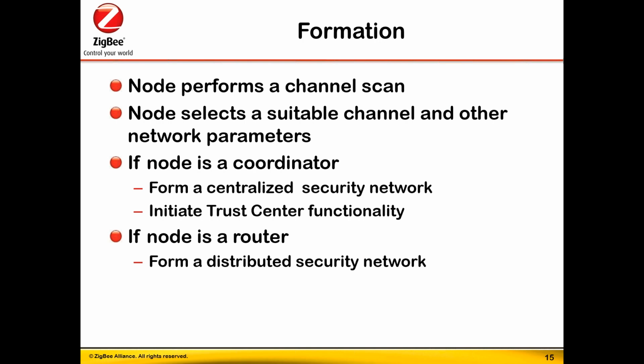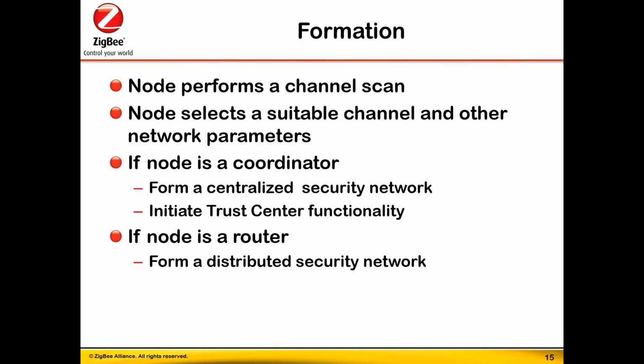we have network formation. This is very similar in a way. Essentially, the node that wants to form a network does a channel scan, a 15.4 channel scan. It selects a suitable channel and various other network parameters such as a PAN identifier. But the difference here is that if you're a coordinator device and you're doing this formation procedure, then you form a centralized network.